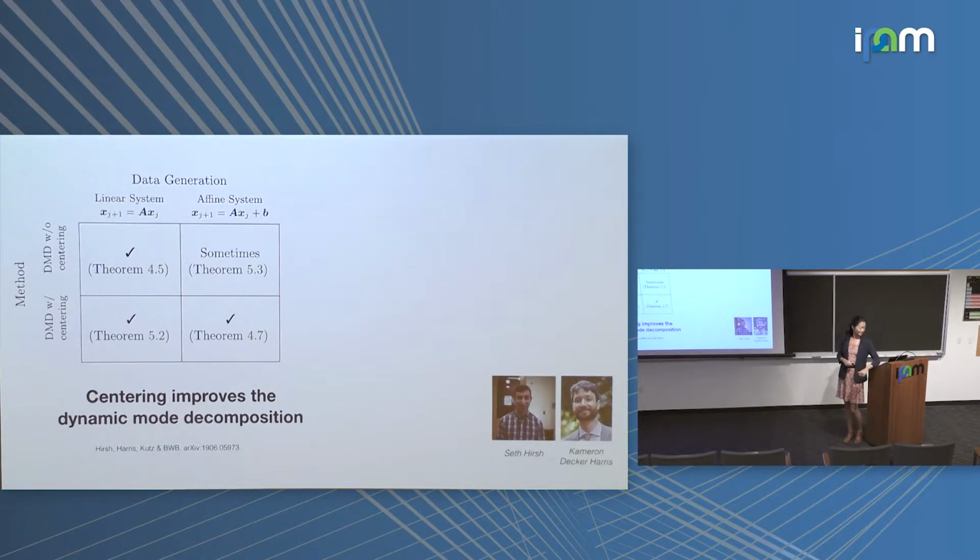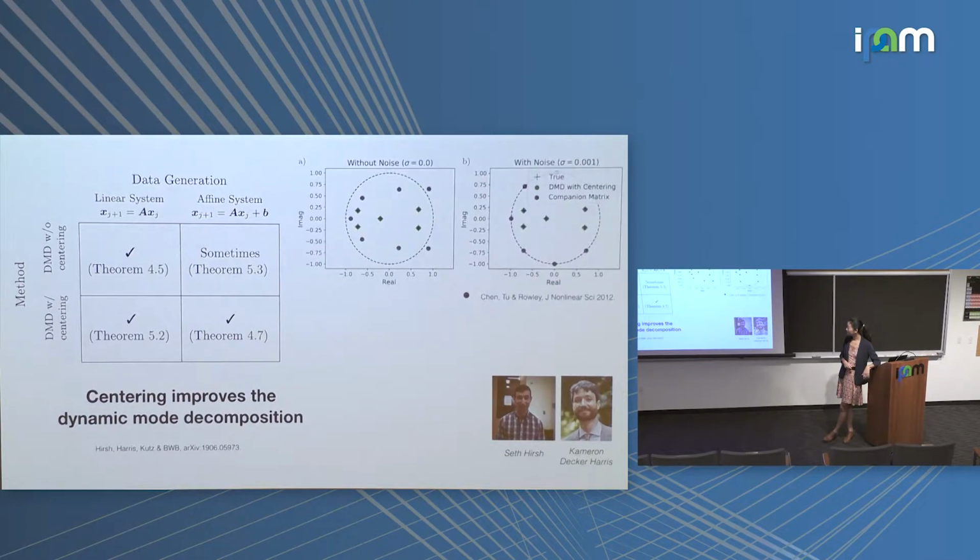So some of you may or may not remember that this is not the first time people have looked at centering in DMD. We compared our results to an earlier paper by Kevin Chen. And what we were able to show is that their formulation of the DMD with centering came from the companion matrix formulation of DMD.